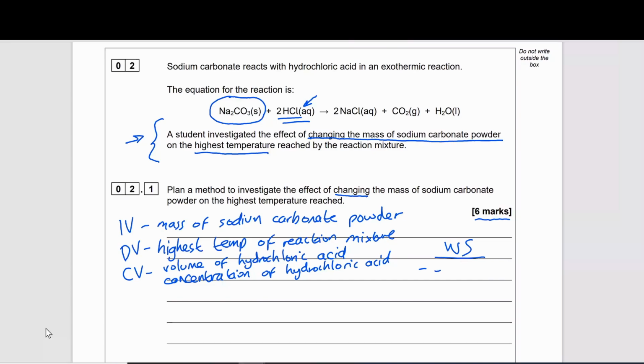We need to think about what pieces of equipment we're going to use to measure. We need to think about what sort of variables, again, we are going to be measuring with those pieces of equipment. And we need to think about how we can make our results valid.